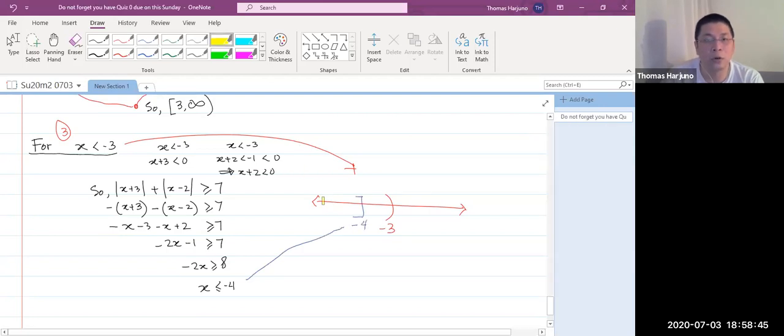So you see the overlap will be here, and the interval will be negative infinity to negative 4, bracket.